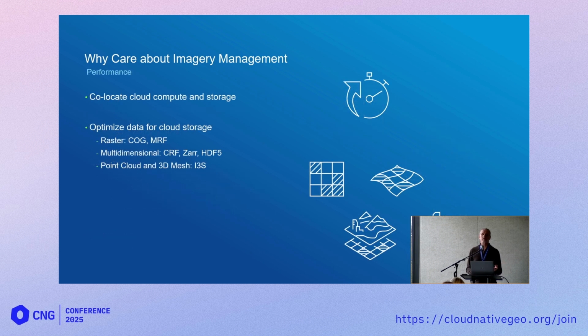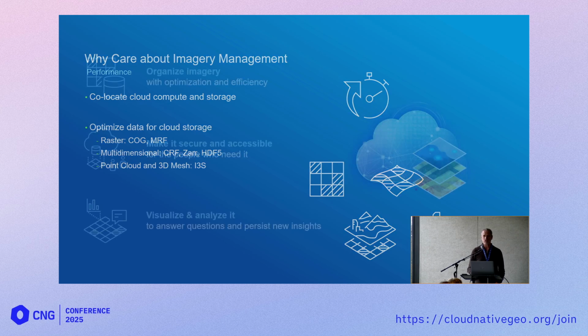This consideration really relies on that pairing of your storage and your compute. And optimization, all right? So these cloud optimizations, whether it's raster or multidimensional or your 3D meshes and point clouds, it's really important for performance that you do that so that you're not having to download entire data sets just to understand them.